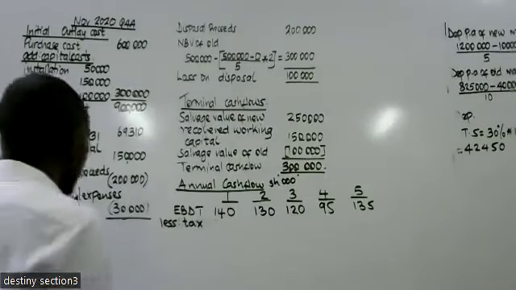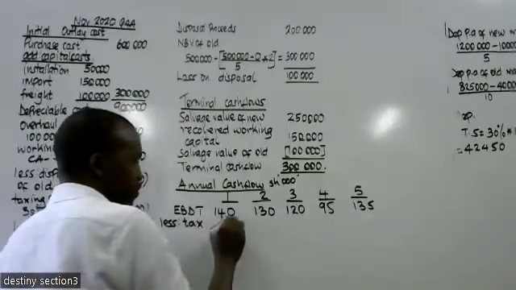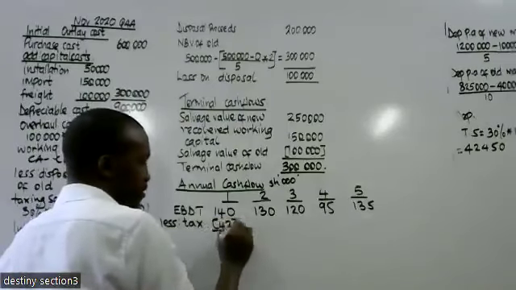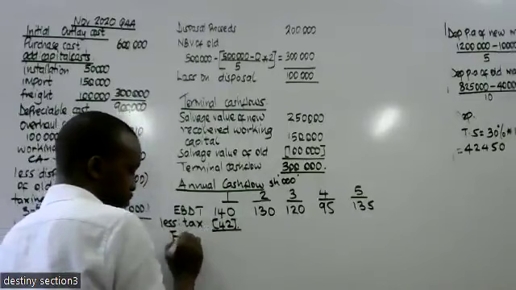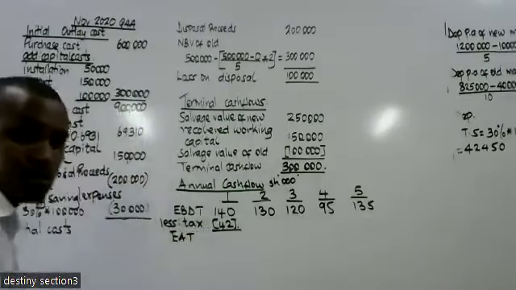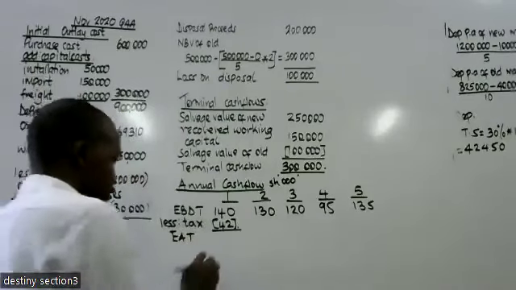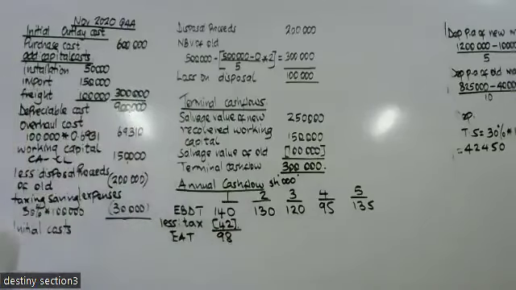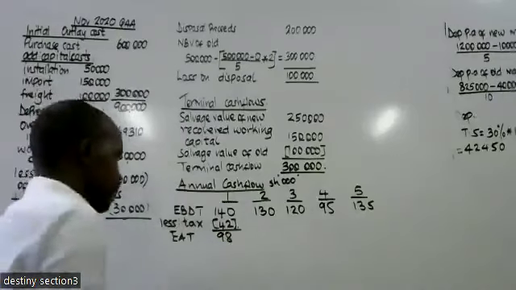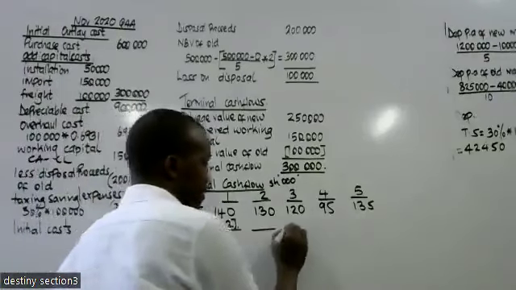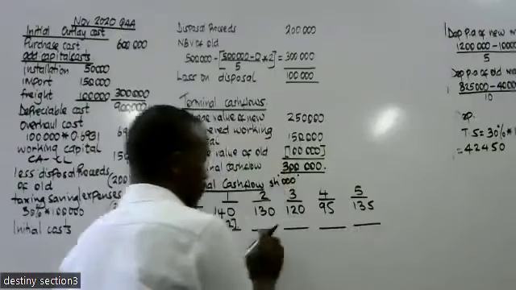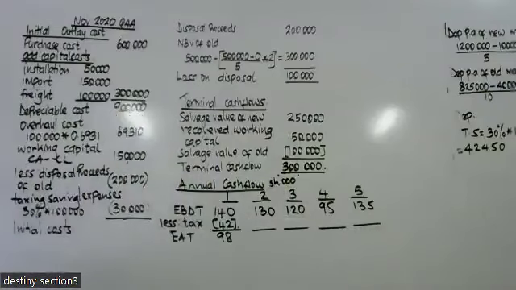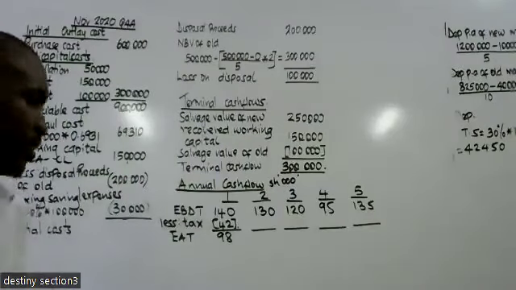That year, 140, tax is 42, so that your earnings after tax is 98. Give me the earnings after tax. Take 70% of 140, 70% of 120, 70% of 95, and 70% of 135.